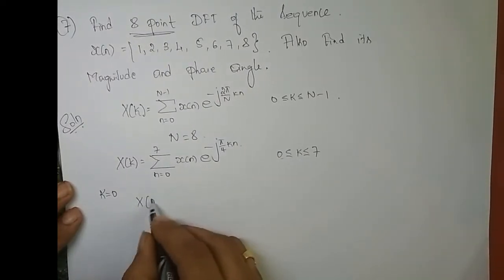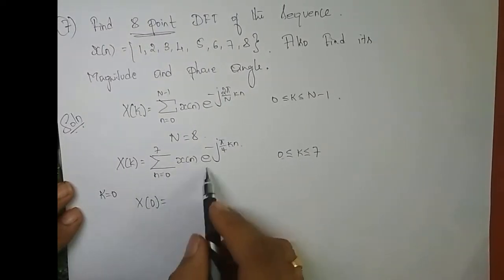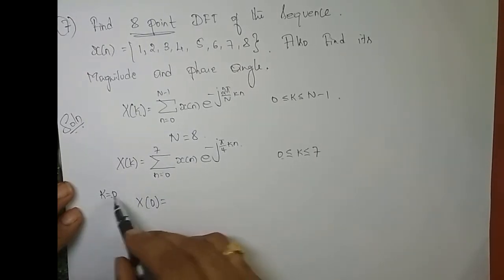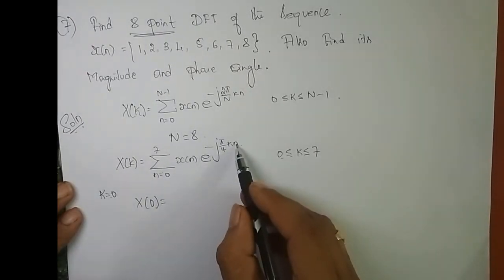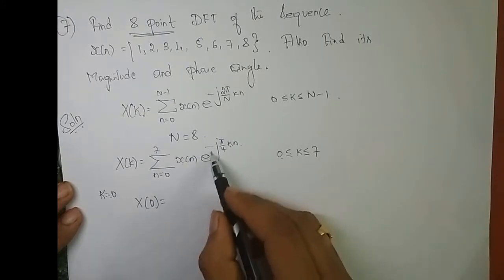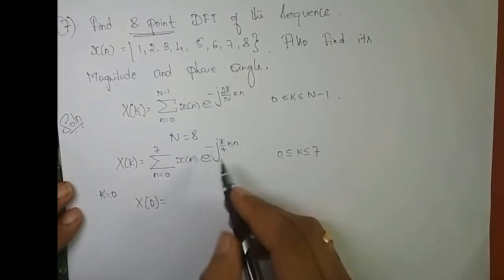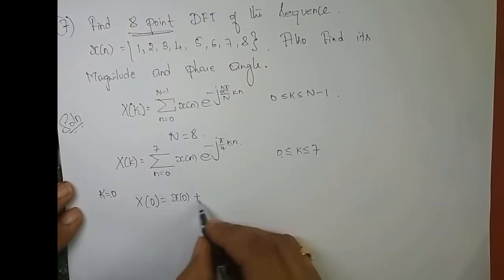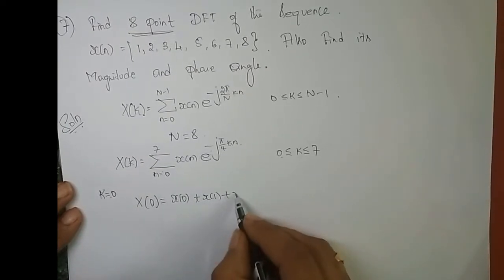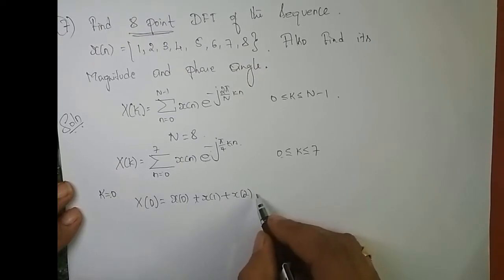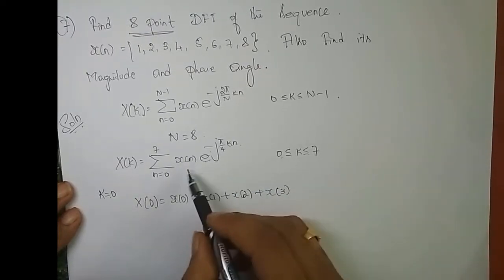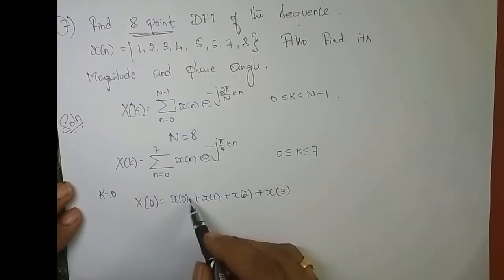Now for k equal to 0, we'll give values for k. What do we get? X of 0 is equal to, now we have to give values for n. Since k equal to 0, no matter whatever the value of n, this becomes e power 0, which is 1.